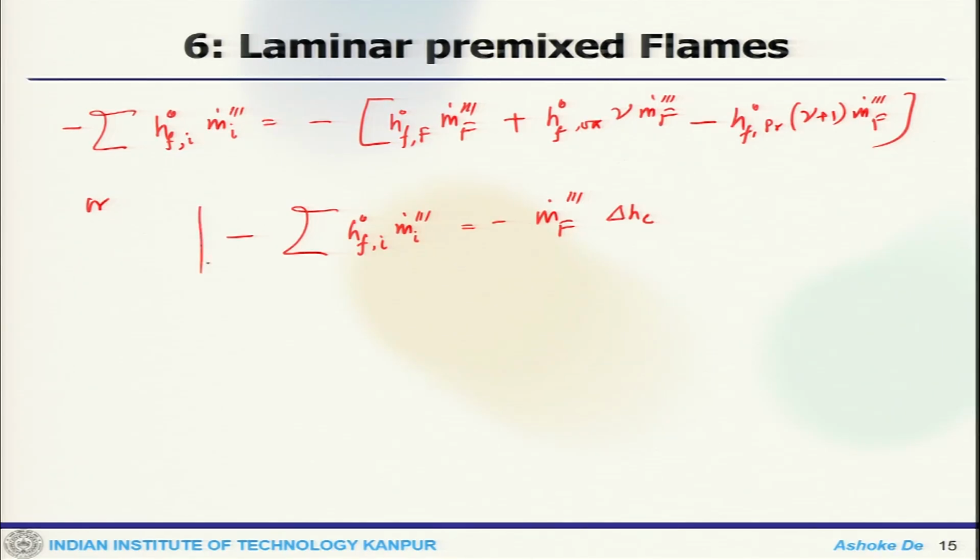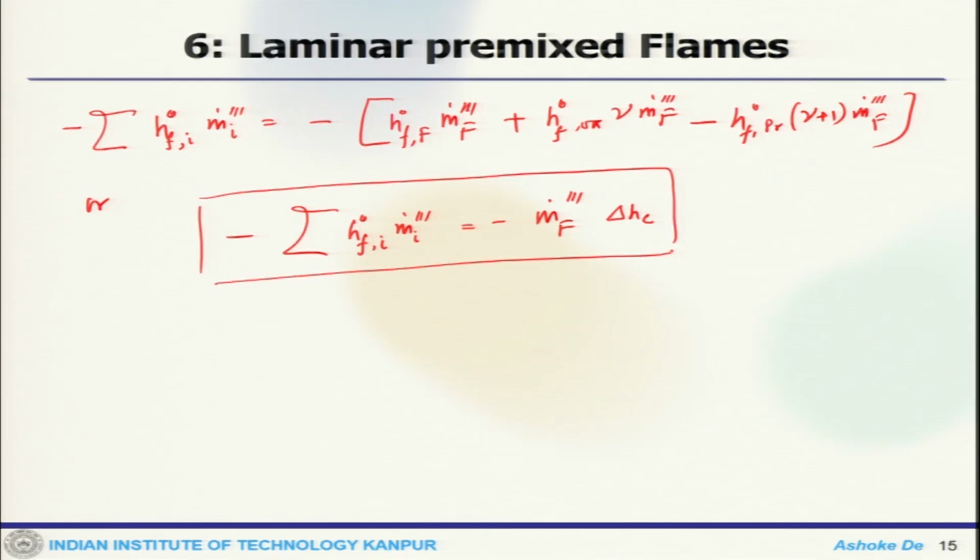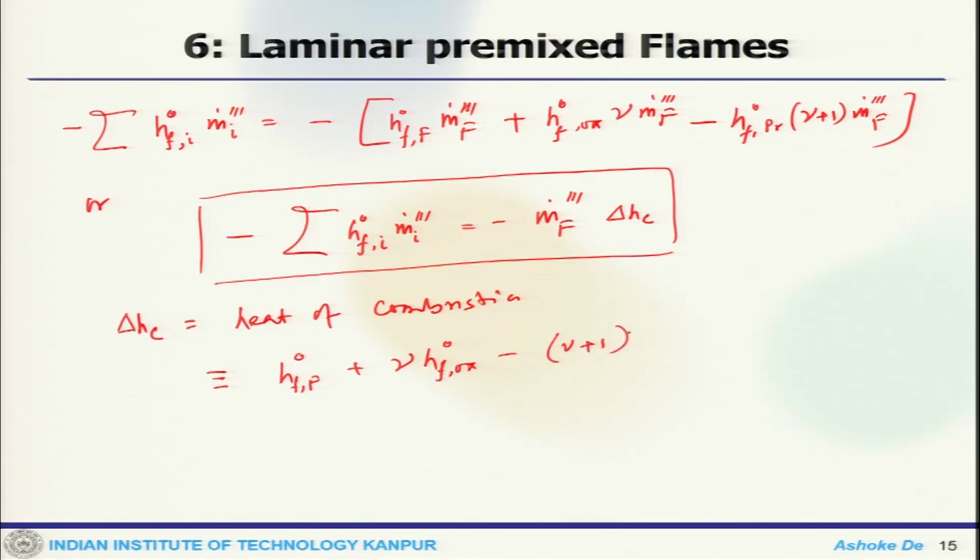That is a simplified way to represent the right hand side, where delta Hc is nothing but your heat of combustion, which one can write as Hf fuel plus nu Hf oxidizer minus (nu plus 1) Hf product. So, this is how one can represent that.